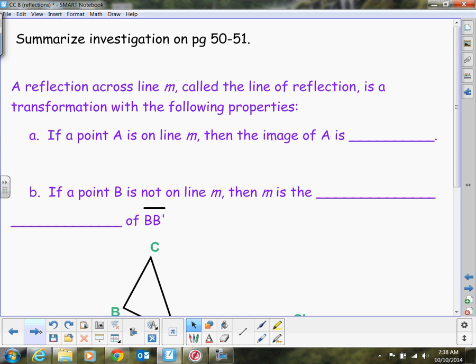All right. A reflection across line M, called the line of reflection, is a transformation with the following properties. If point A is on the reflection line, then the image of A is A itself.